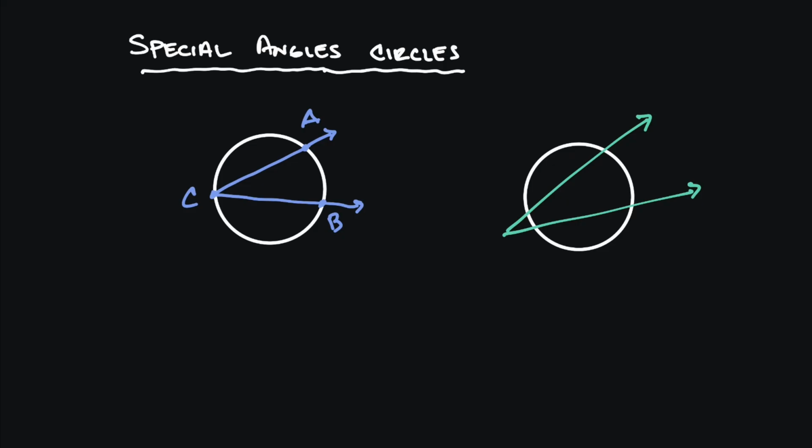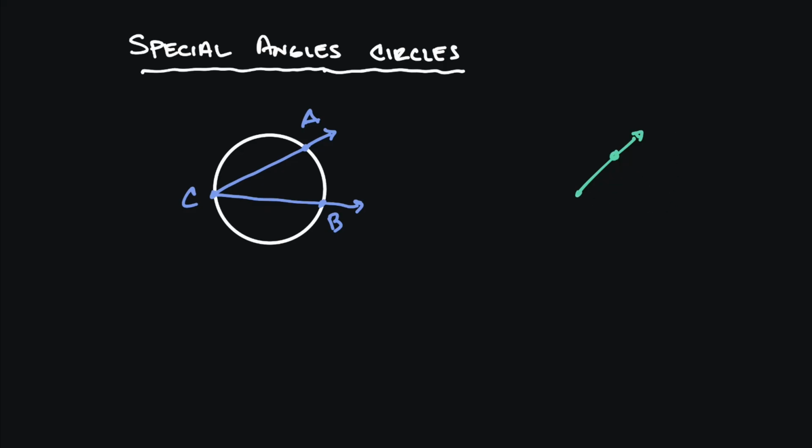Of course, it isn't, because look, the vertex of the angle is outside the circle. What if I draw it like this? What if I find the center of the circle, and maybe I draw an angle like this? I'm intersecting an arc, I have the endpoints of the arc, but again, the vertex is not on the circle; it's in the middle. This is a central angle, so that's a no.